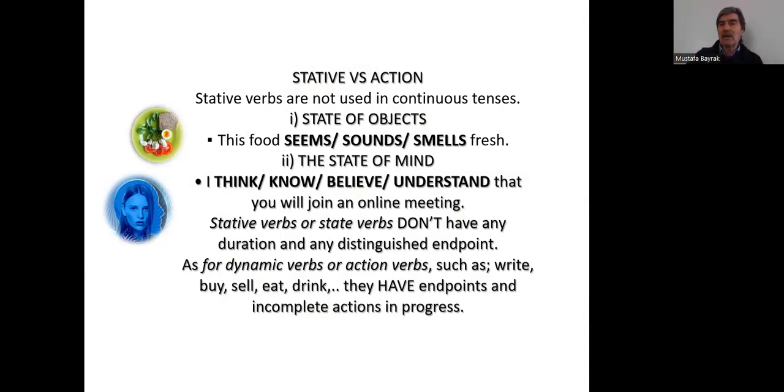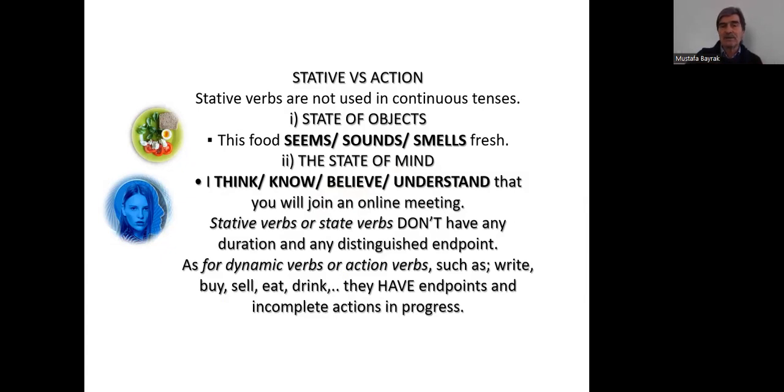How do they smell? How do they seem? How do they sound? How do they appear? The food, for example. The food seems or sounds or smells fresh. This is the state of the food, the state of the object.